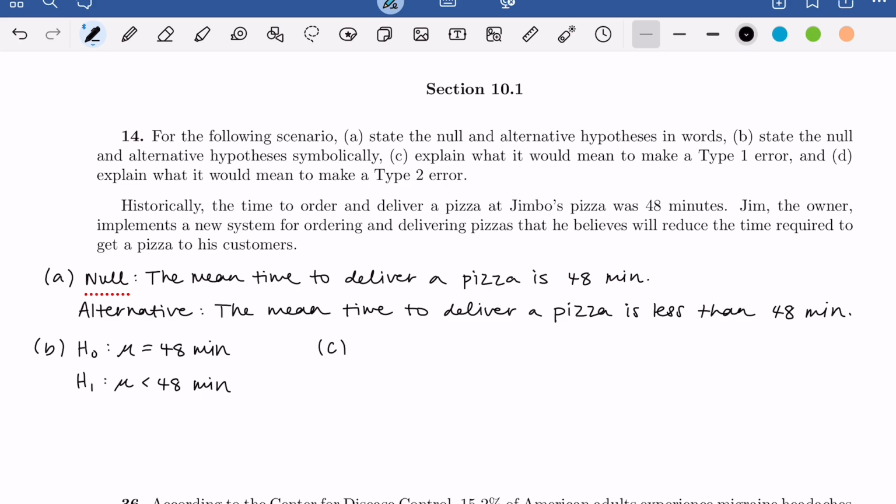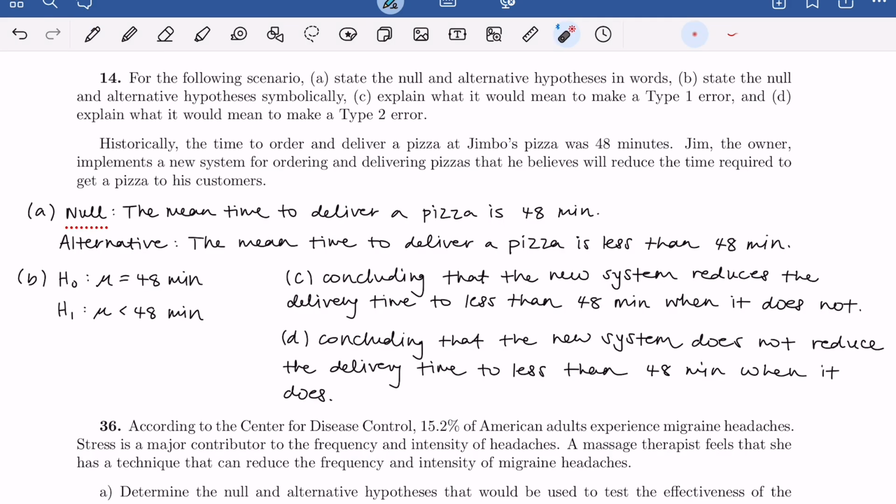So for a type 1 error, it would mean concluding that the new ordering system reduces the time required to get a pizza to below the 48 minutes when actually the new ordering system does not reduce this time. And then making a type 2 error would be concluding that this new ordering system does not reduce the time required to get a pizza to below the 48 minutes when actually it does. Okay, so I'm going to write that down for us.